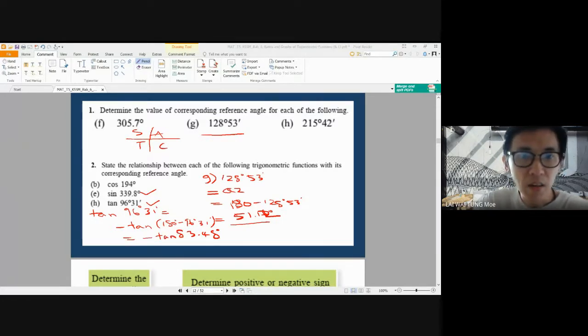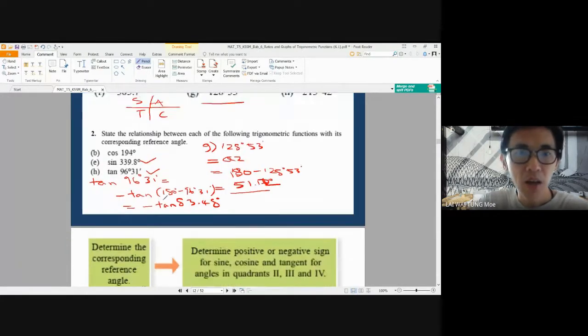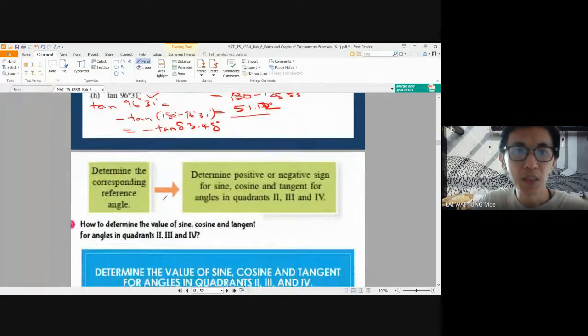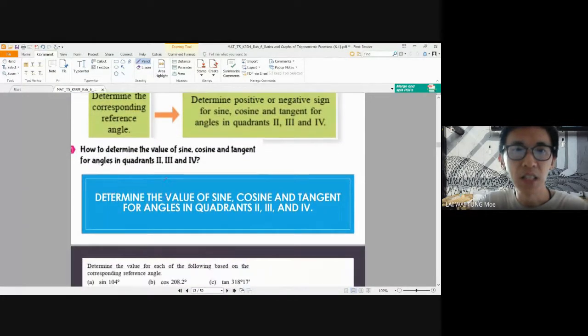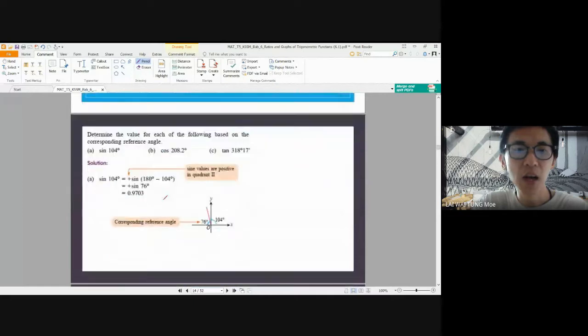Is my answer correct? Are your answers this one also? Yes, okay. Thank you for your response. So it's something like this, how you find the relationship and find the alpha. Okay, we will proceed. Determine the value of sin.